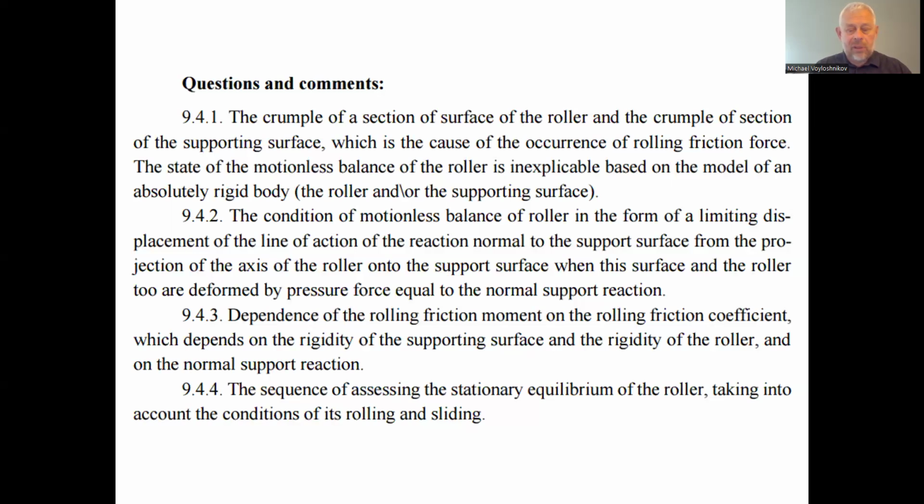9.4.2, the conditional motionless balance of the roller in the form of limiting displacement of the line of action of the reaction normal to the support surface onto the projection of the axis of the roller onto the support surface, when the surface and the roller are both deformed by the pressure force of the normal support reaction.